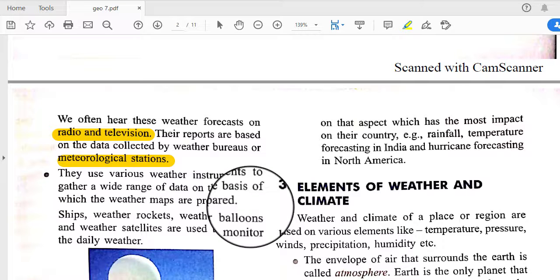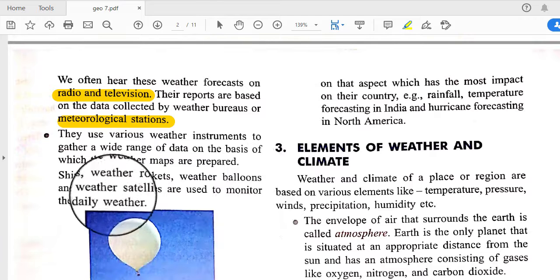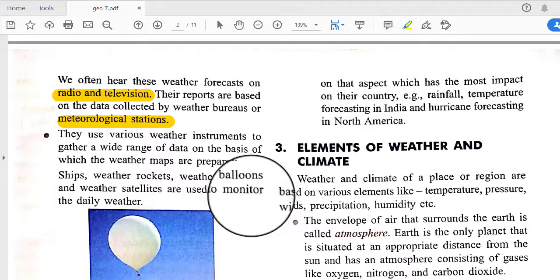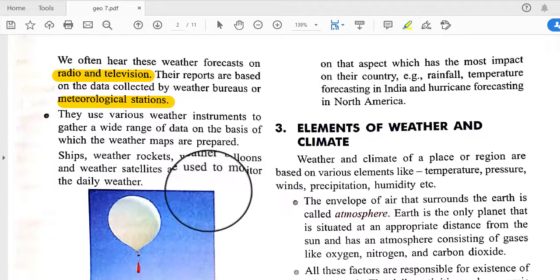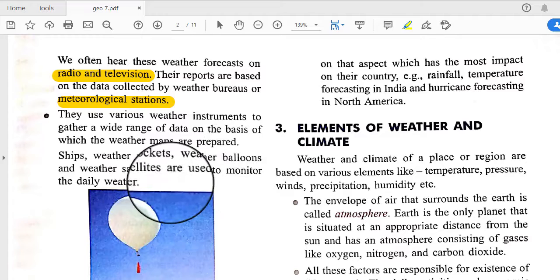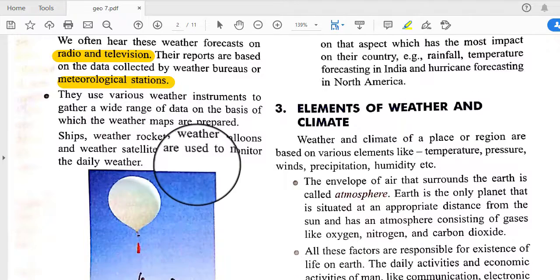They use instruments for measuring rainfall and humidity. Ships, weather rockets, weather balloons and weather satellites are used to monitor the daily weather and collect weather information.